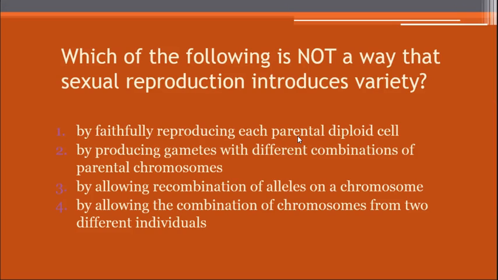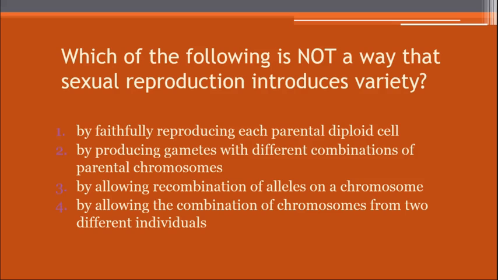Okay, so here is your next question. Which of the following is not a way that sexual reproduction introduces variety? So, if we look at all of these, when we say faithfully reproducing each parental diploid cell, is that mitosis or meiosis?